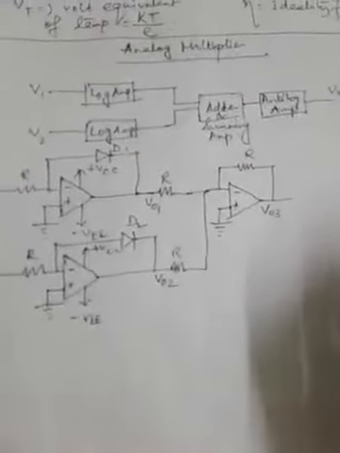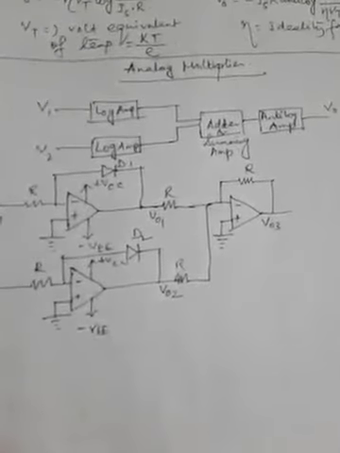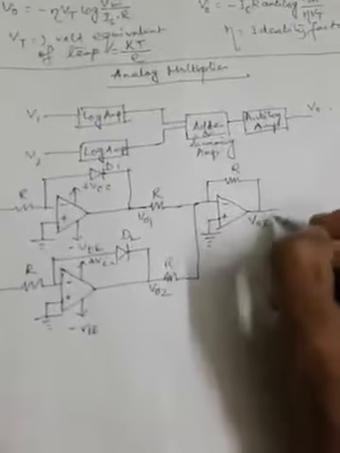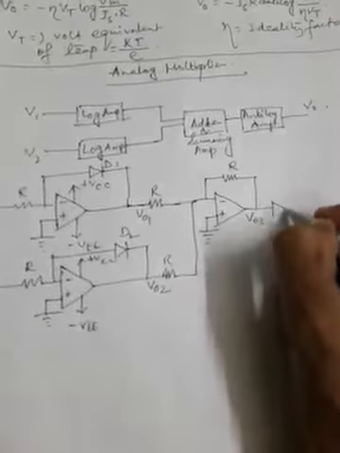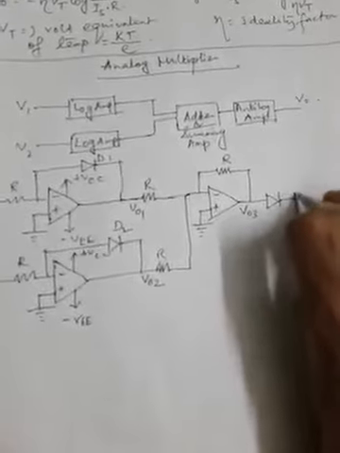Then finally the adder output VO3 is connected to an anti-log amplifier.